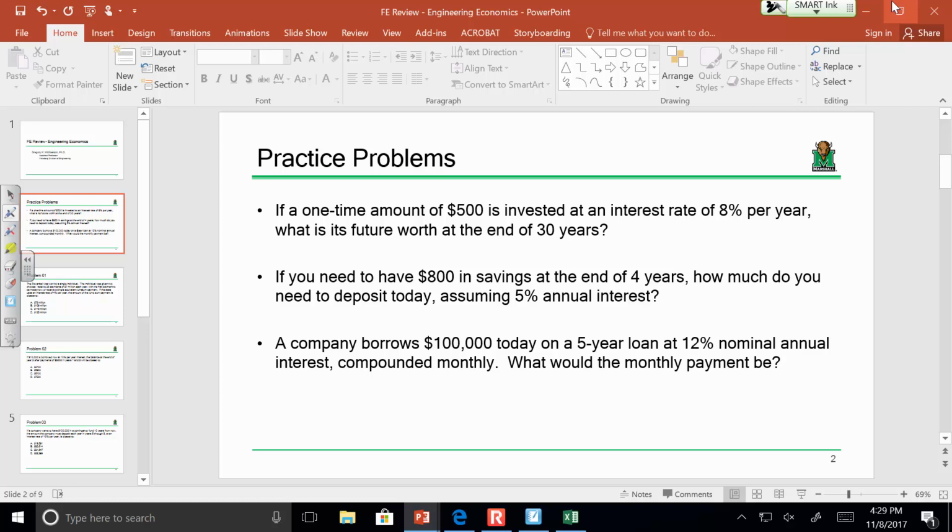You said 972? Hold on. See how bad we lose interest? I have no idea. I just threw the problems out. We're just going to do it. We're going to do it live.